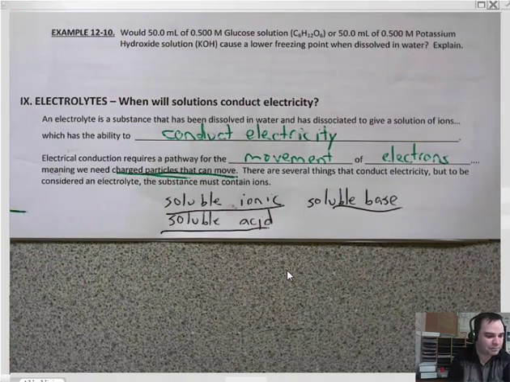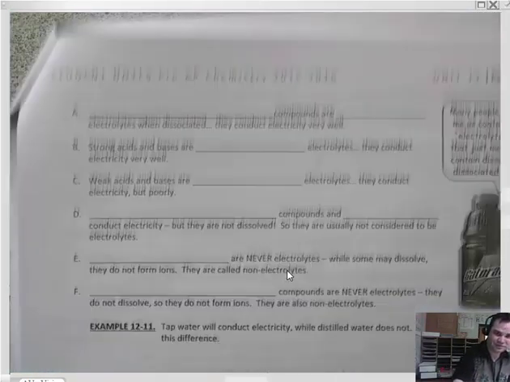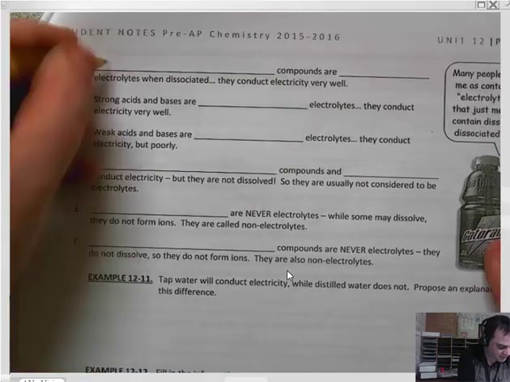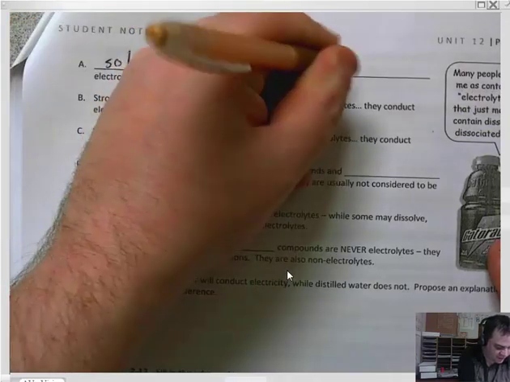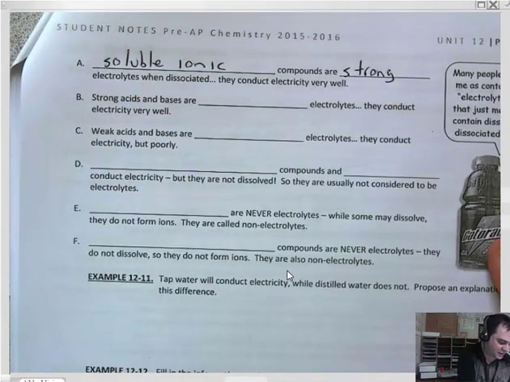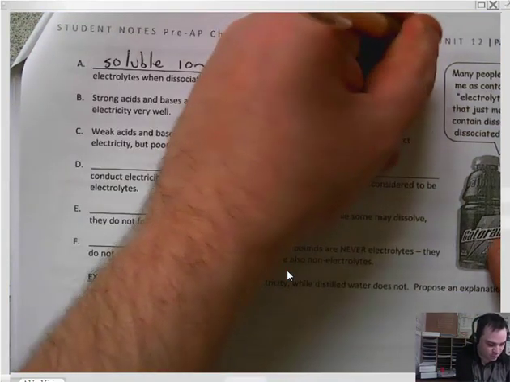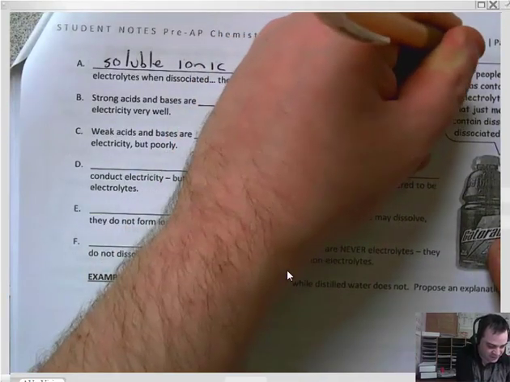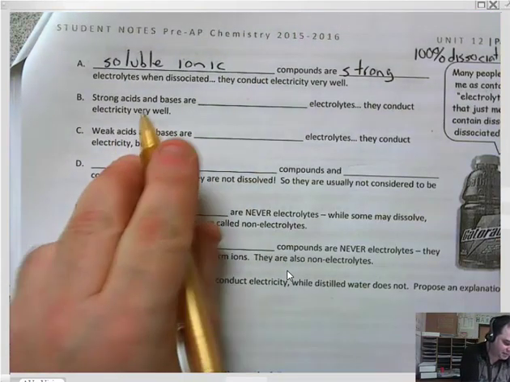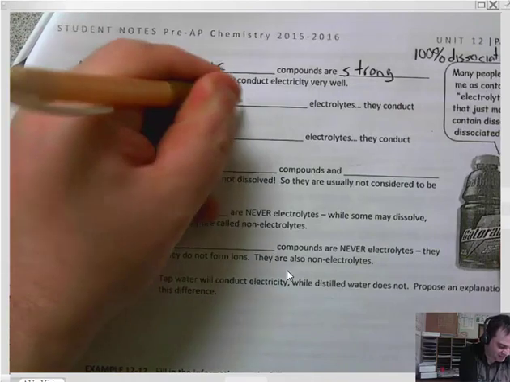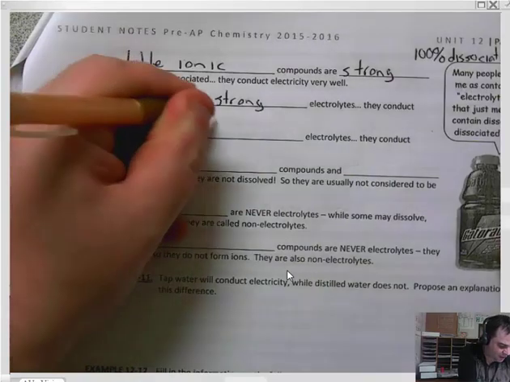Let's go on to page 9. Soluble ionic compounds are strong electrolytes when they are dissociated. They conduct electricity very well because they dissociate 100%. Strong acids and bases are strong electrolytes because they dissociate 100%.